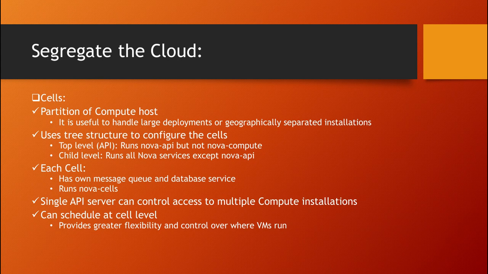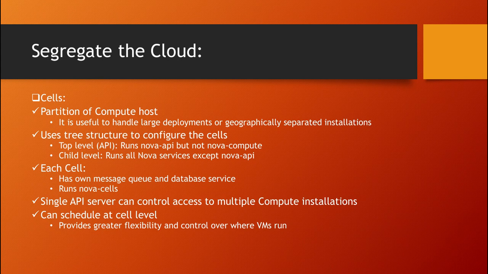So you have the top level, that is the API cell. Here you mainly run the Nova API service, but not Nova compute. So this is only responsible for accepting API requests in this top level cell.